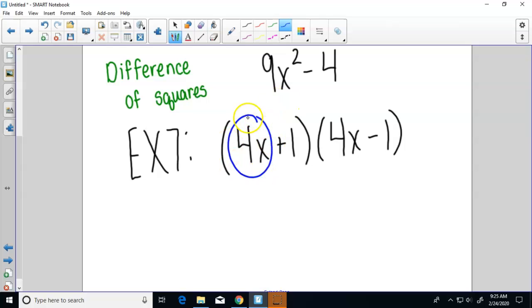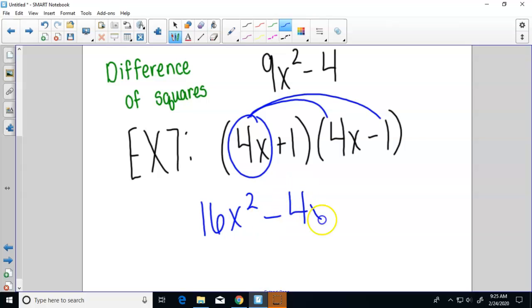You're doing 4x times 4x gives you 16x squared. And you're doing 4x times negative 1, which gives you negative 4x. And then you're distributing the 1. So 1 times 4x is positive 4x.